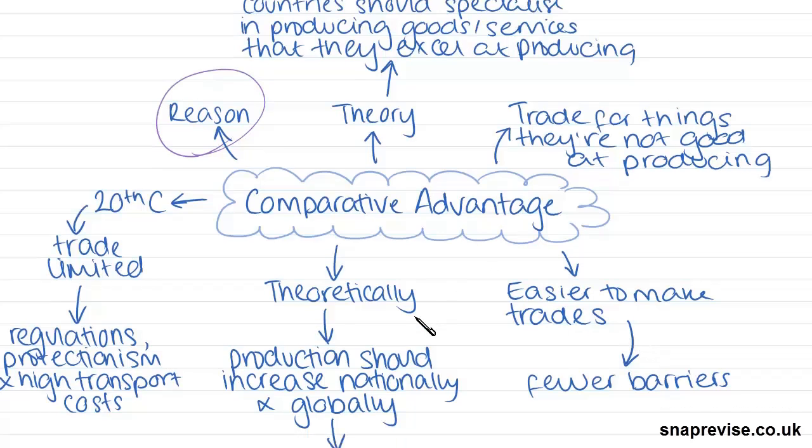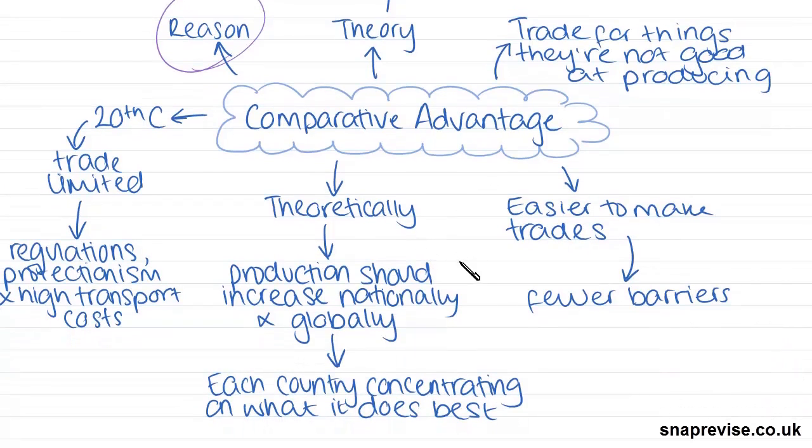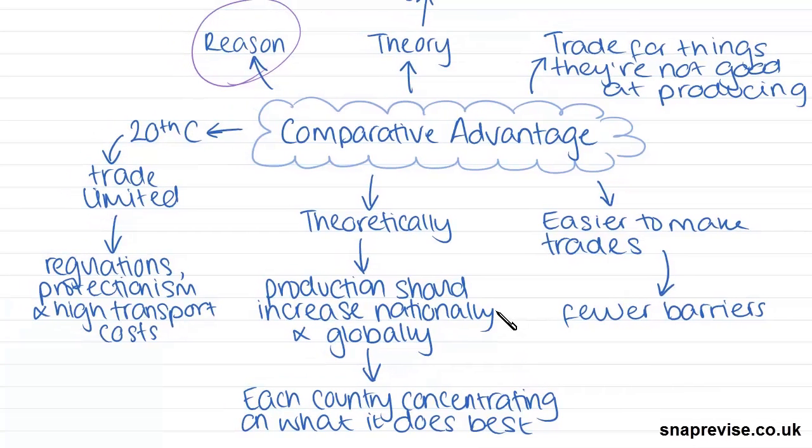So theoretically, production should increase because of comparative advantage, both nationally and globally, through each country concentrating on what they produce best. However, in the 20th century, trade has been limited due to regulations, protectionism, and high transport costs.